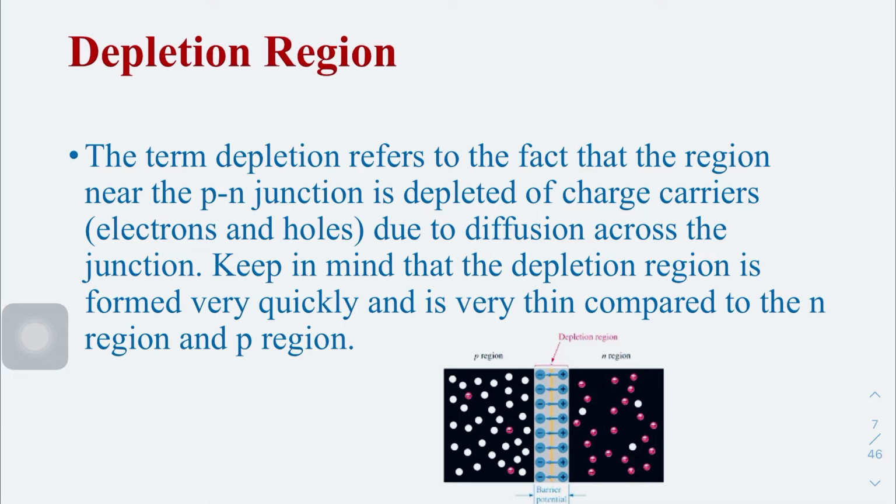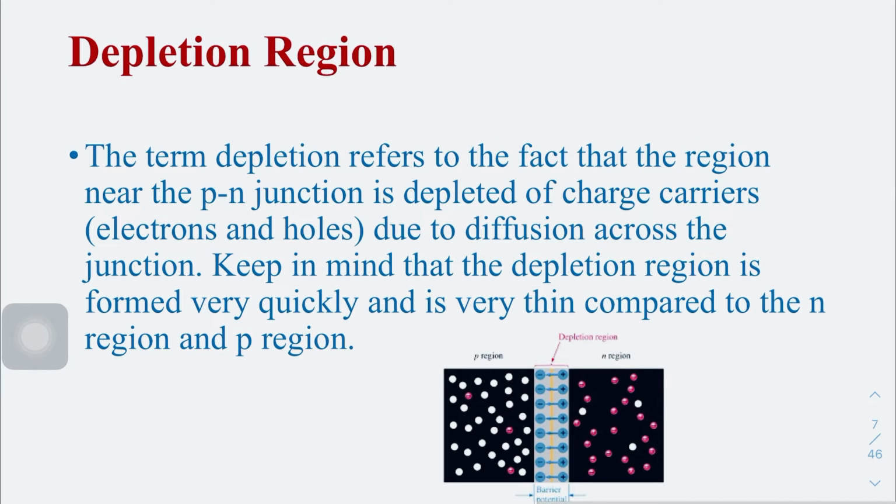The term depletion layer refers to the fact that this region is depleted of free carriers, electrons or holes, and there are just positive ions and negative ions, which are bound charges.